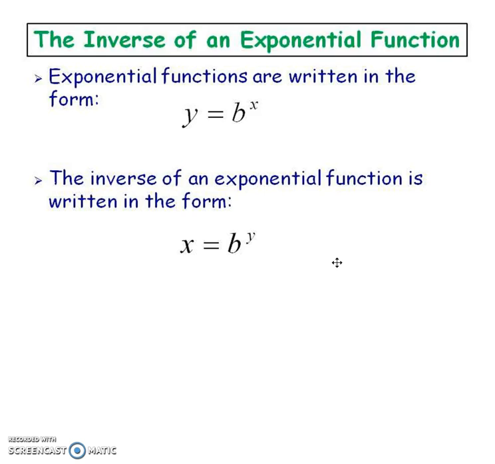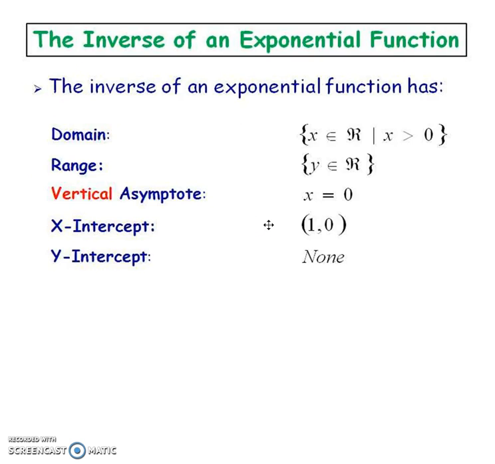Now, if we do an inverse of that function, all we do is switch around the y and the x. So it looks something like this, and it's kind of weird looking, but if we graph that, it's going to switch everything around. Notice that there is no horizontal asymptote, there's now a vertical asymptote at x equals 0.